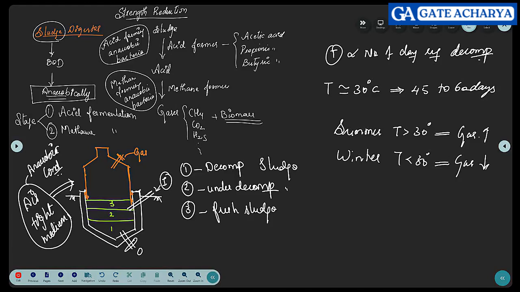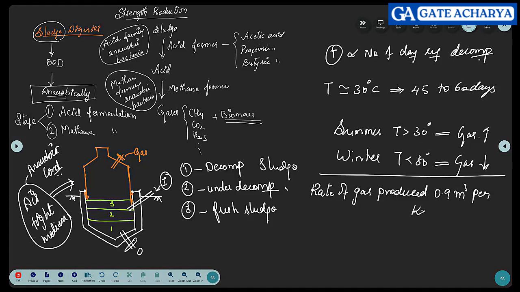Okay, a small input data to remember. The rate of gas produced is 0.9 m cube per kg of volatile solids.